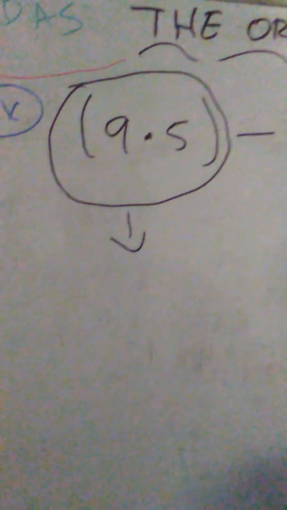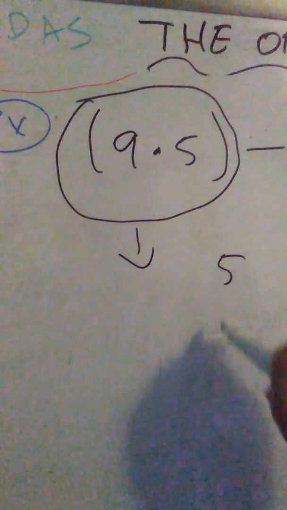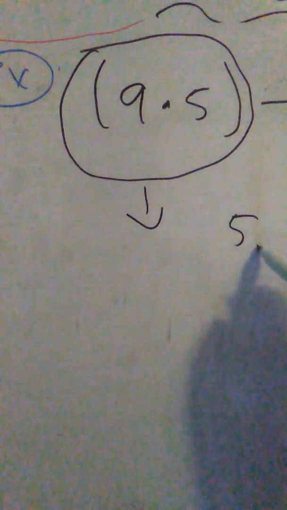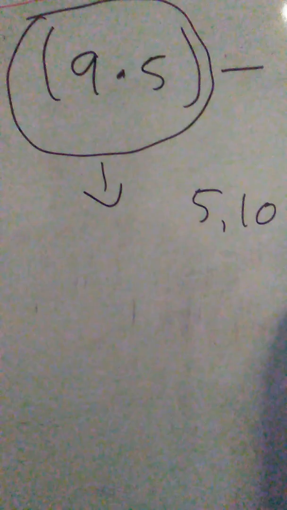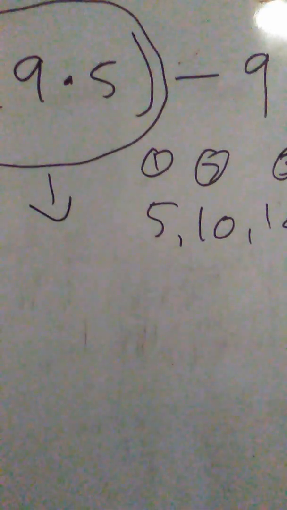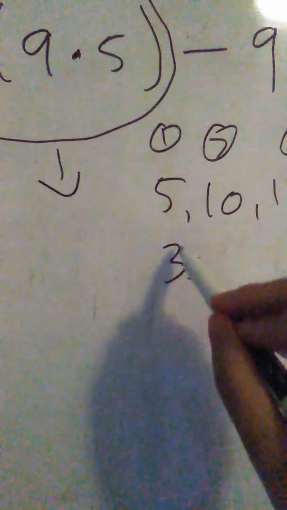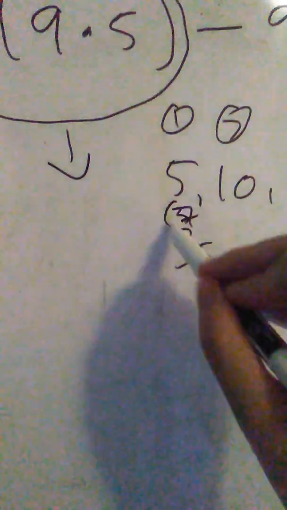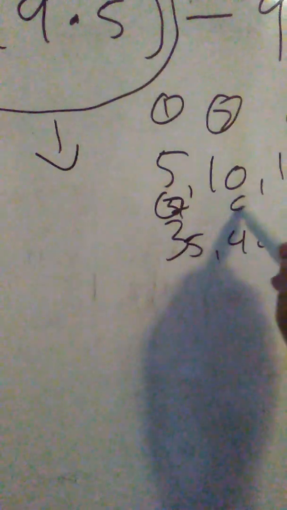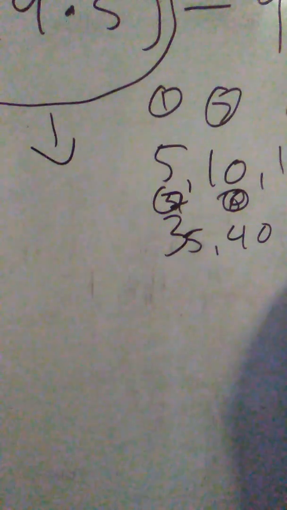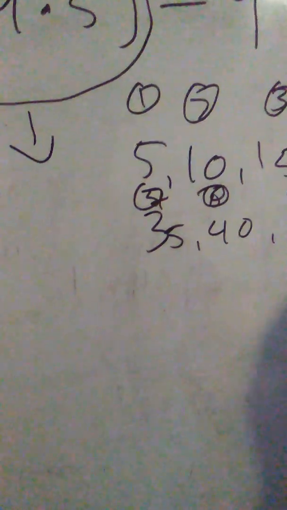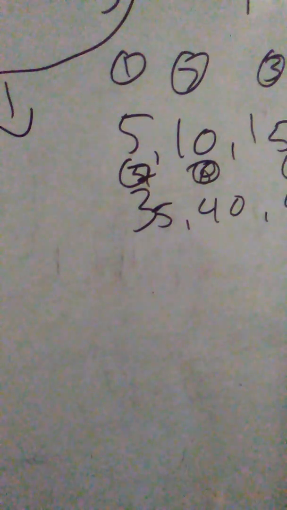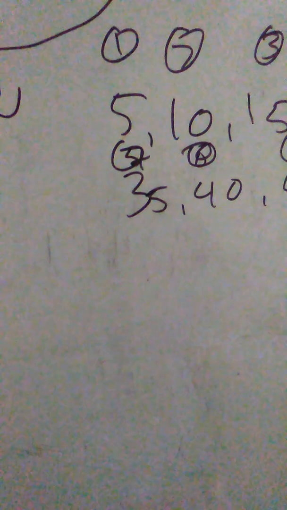So we have 5, 10, 15, 20, 25, that's 5 times 5, 30 is 5 times 6, 35 is 5 times 7, 40 is 5 times 8, 45 is 5 times 9, 50 is 5 times 10, 55 is 5 times 11, 60 is 5 times 12, right? And you can keep going.